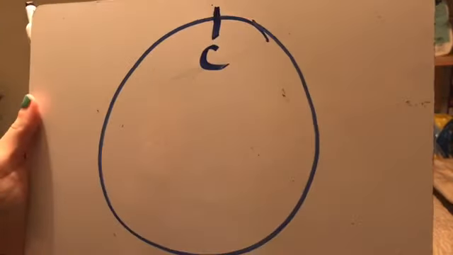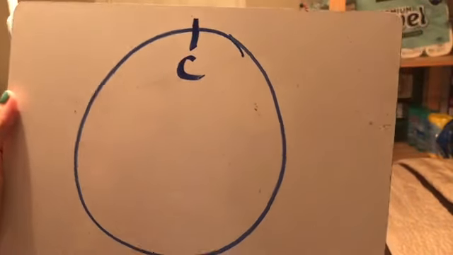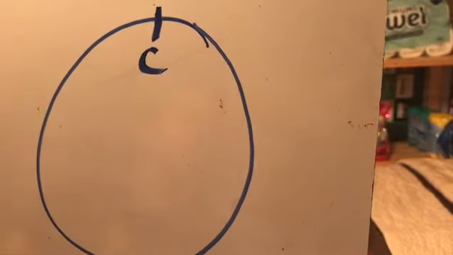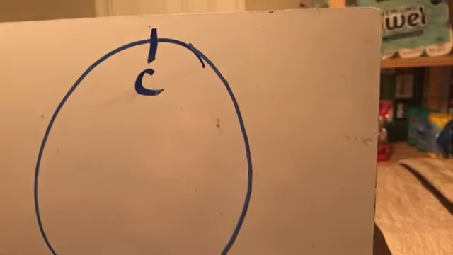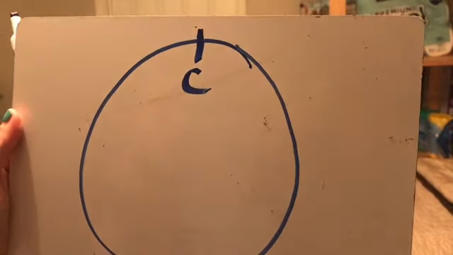The first key signature that you are going to put on the top is C. So think of it kind of like a clock. I am putting my letter on the inside of my circle just so that I have enough room to write all of the sharps and the flats when we get there. You can do it on the outside. It's totally up to you, but this is just my preference. So C is going to be at the top.